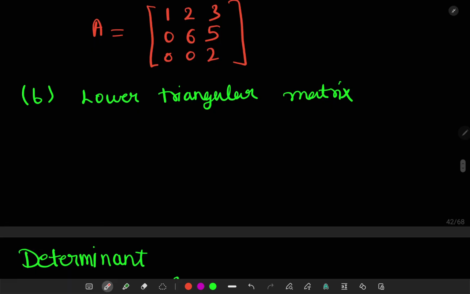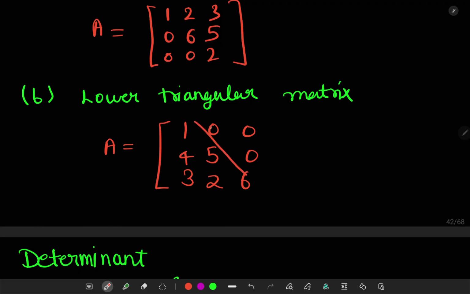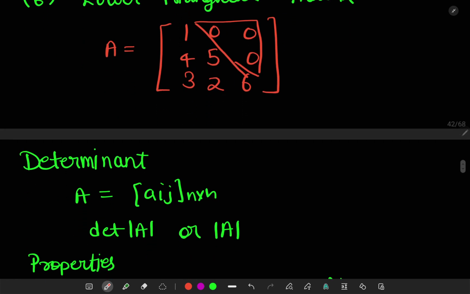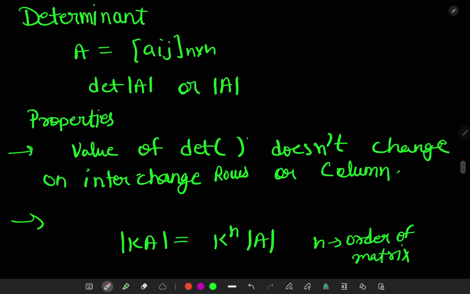Similarly, for lower triangular matrix, elements above the main diagonal are 0. As you can see.